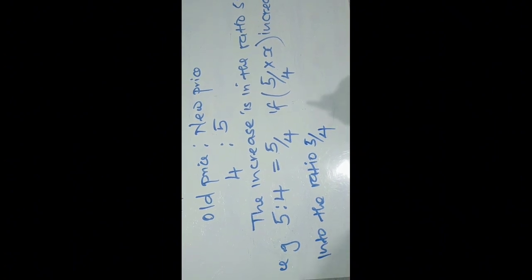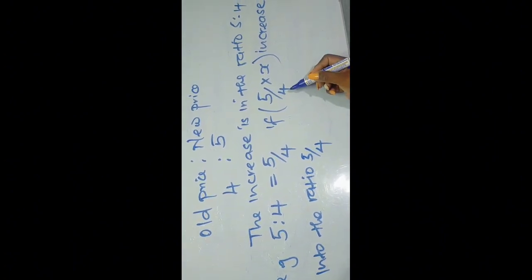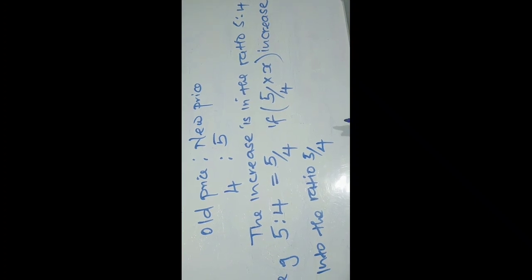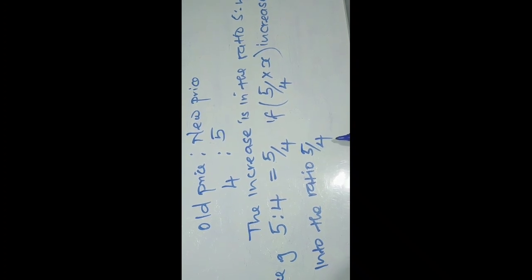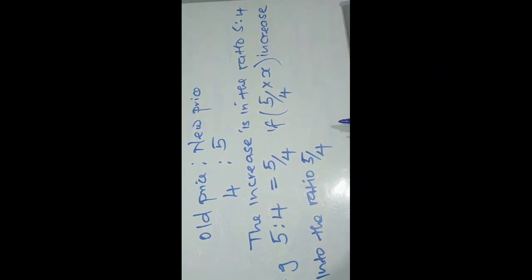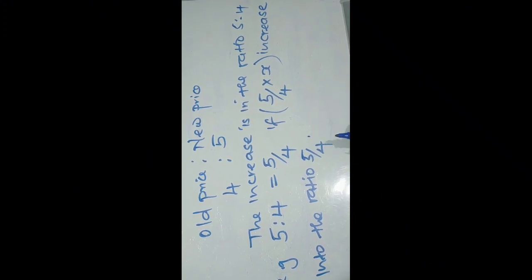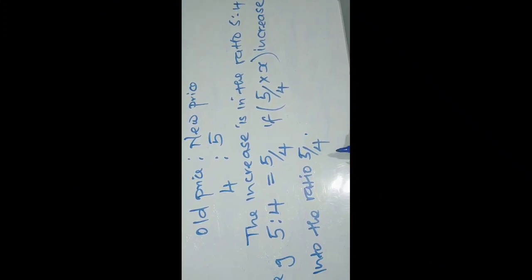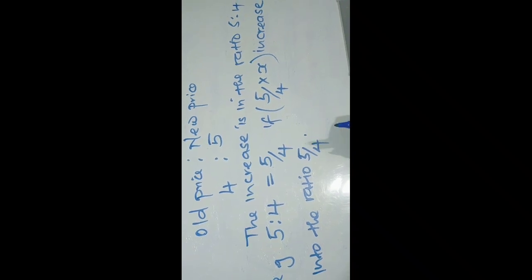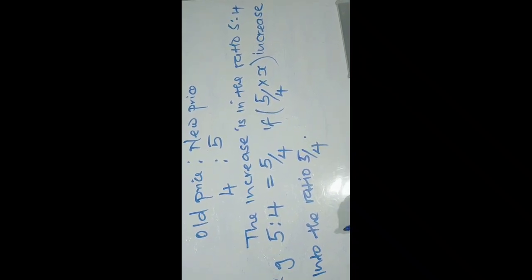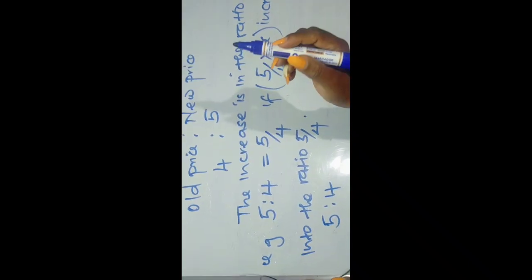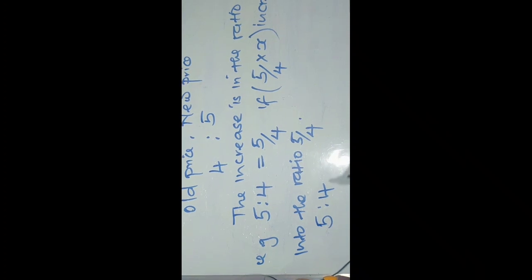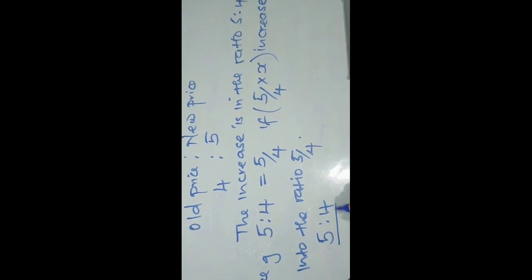Now the reason is because 5/4 is greater than 1. So when the fraction is greater than 1, then it denotes an increase. Therefore, in the above example, the ratio by which the quantity increases is the ratio 5:4 and not 4:5 as the old and new price relate, but 5:4.